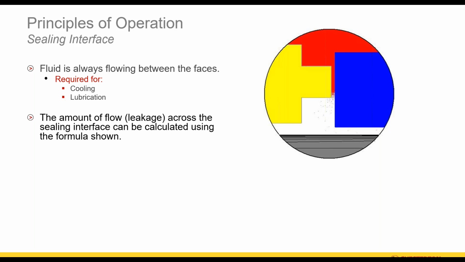The amount of flow, the amount of leakage coming across the sealing interface, can be calculated using very sophisticated computer programs today. But it is characterized by this equation. Again, you're not going to memorize this equation, but I want to use it for the point of the conversation about leakage, because the equation defines the parameters that result in leakage coming across the face.